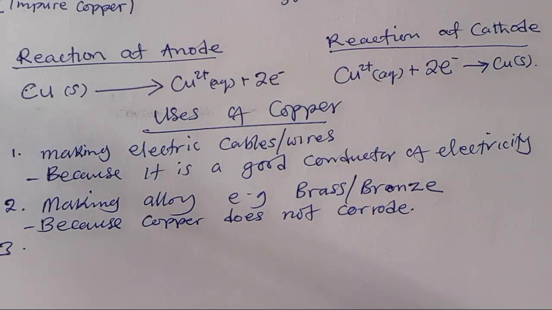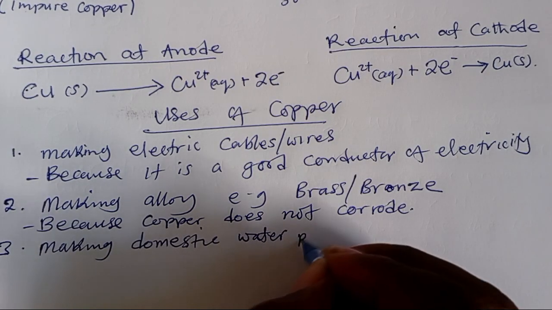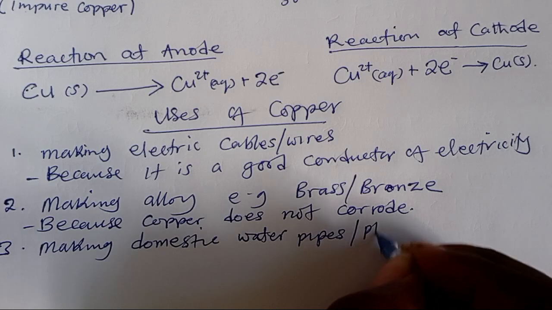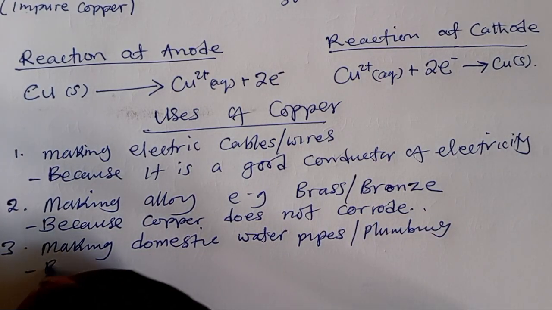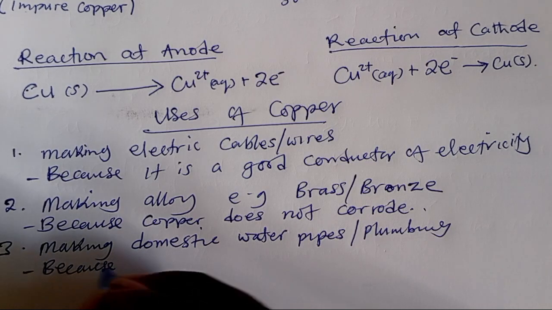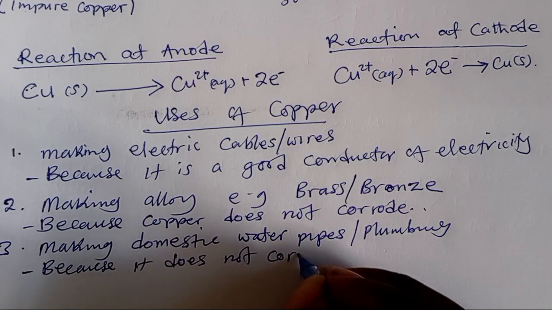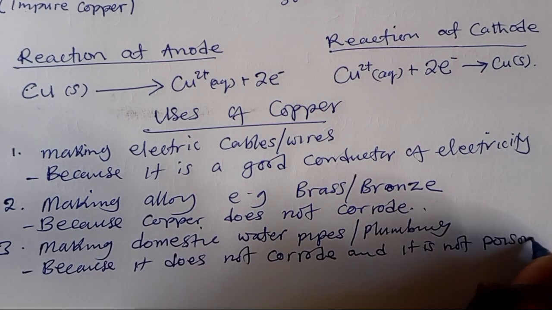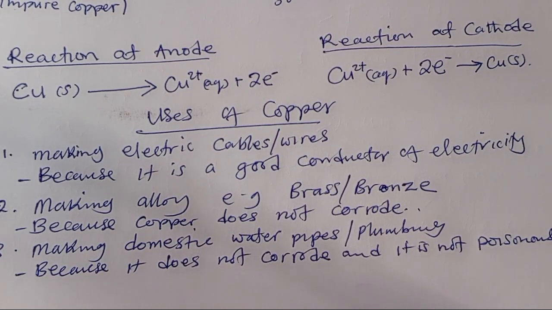Why is it used to make water pipes, or why is it used in plumbing? Because it does not corrode and it is not poisonous.